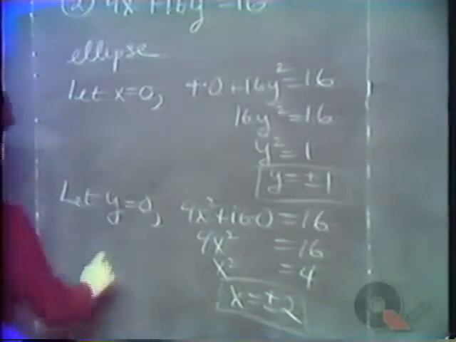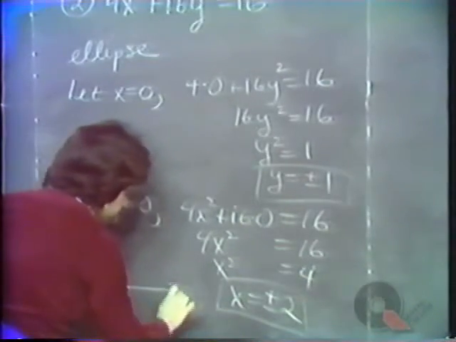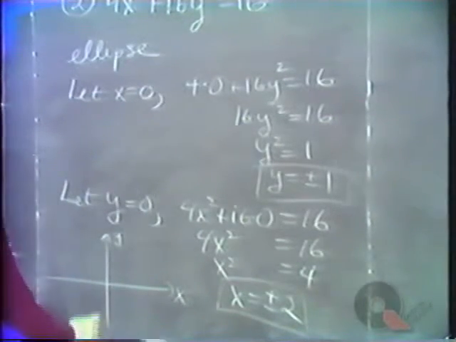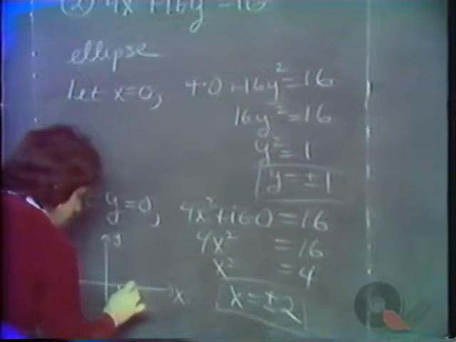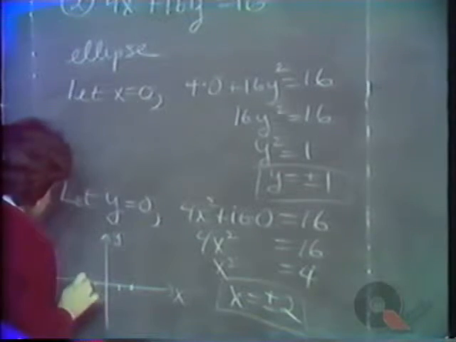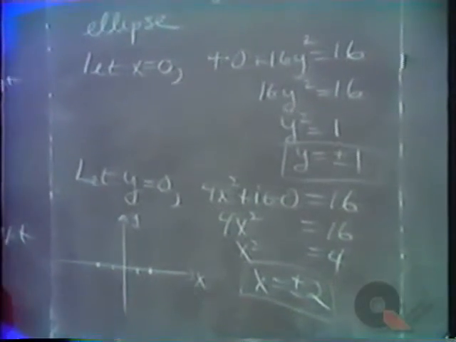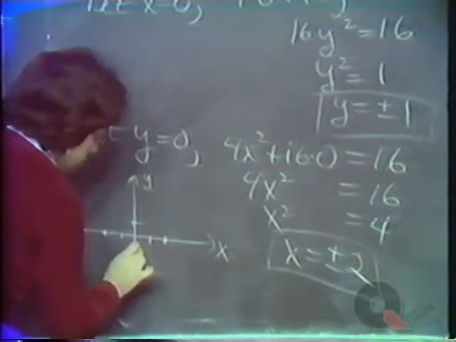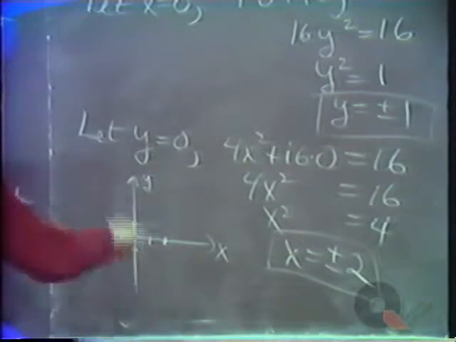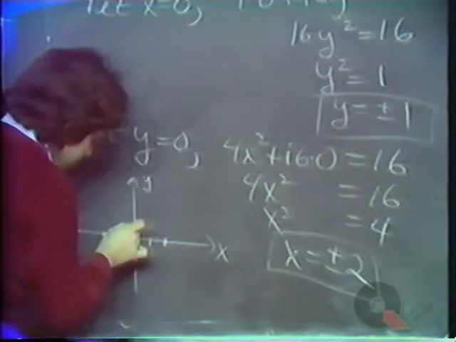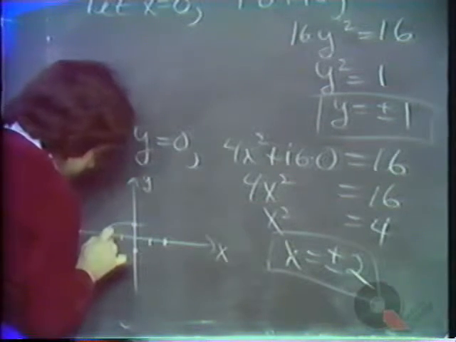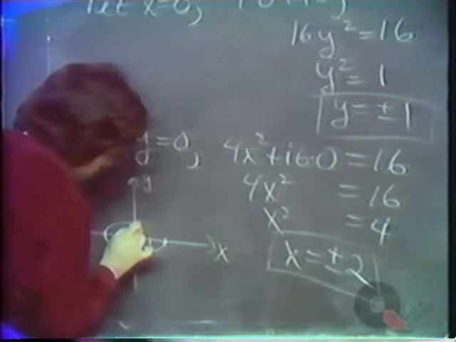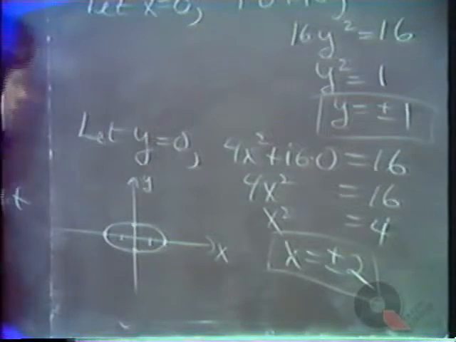And when we try to sketch this, we put down the 2 x-intercepts of plus 2 and minus 2, and the 2 y-intercepts of plus 1 and minus 1. And we try to draw the ellipse through these 4 points. Something like that.